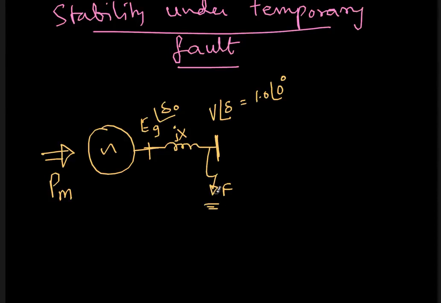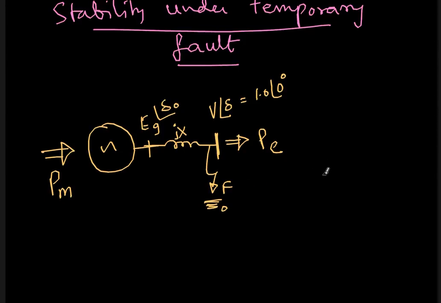So, when the fault is not happening, then some electrical power PE is entering into the grid. So PM, mechanical power, is entering into the machine, and here for simplicity, I have not considered any electrical losses because of the resistance and so on. So PM and PE will be equal, and then the power is being transferred here. Now momentarily there is a fault, and when there is a fault the voltage will become zero because this is a three-phase fault to ground, so this voltage will become zero, and as a result the electrical power will become zero.